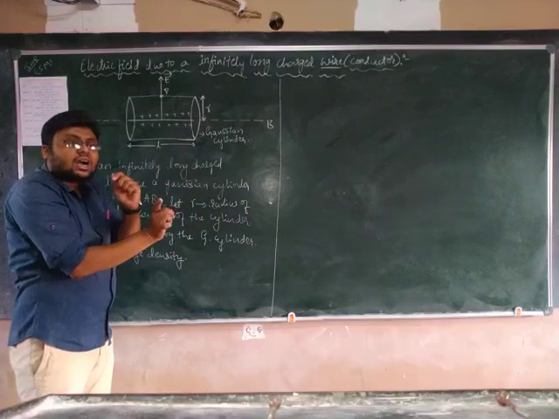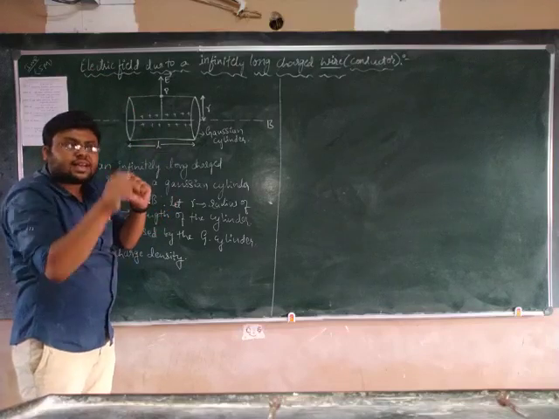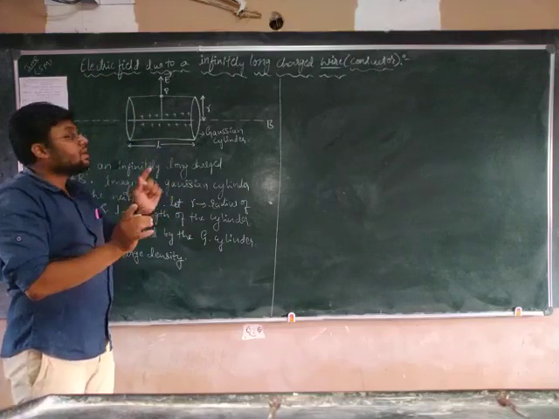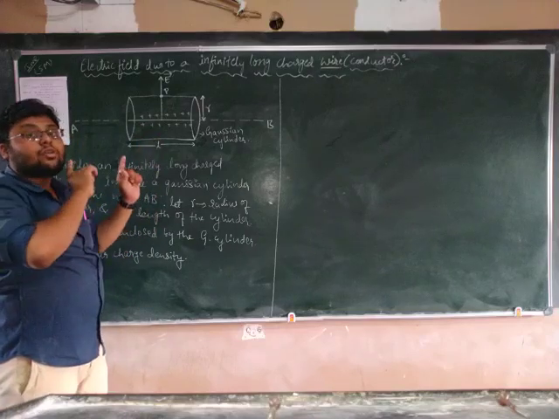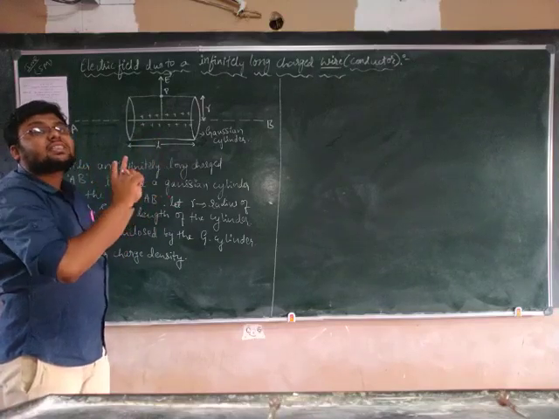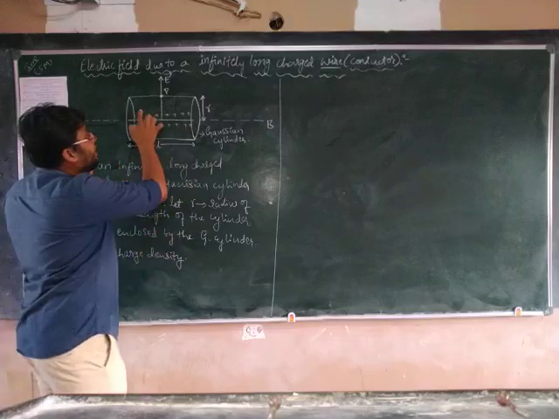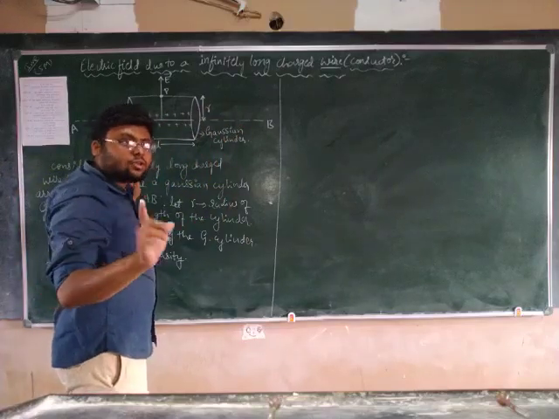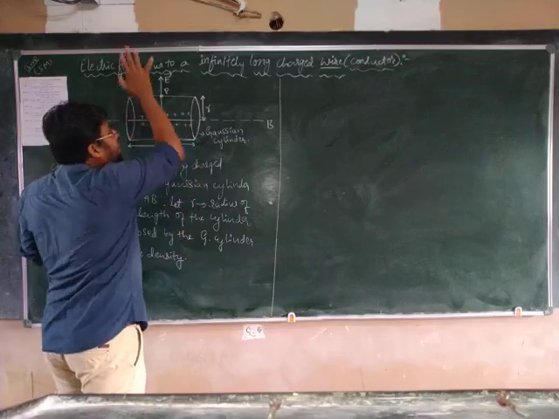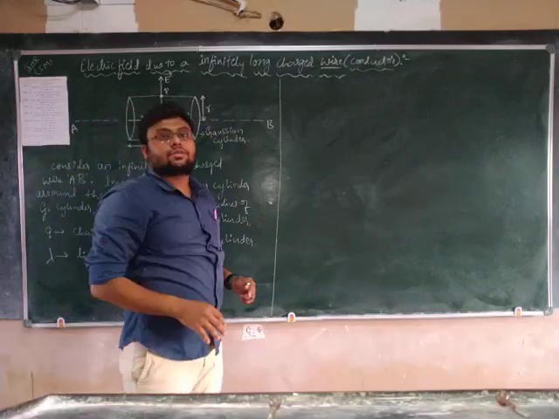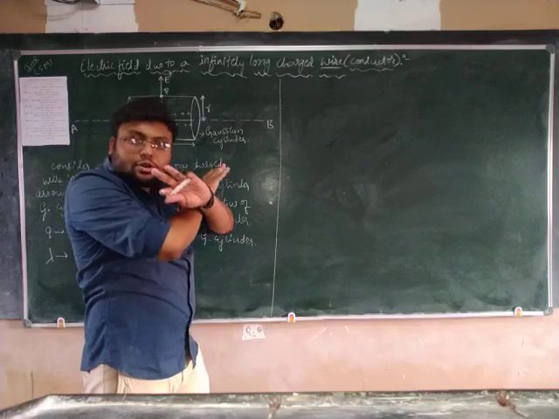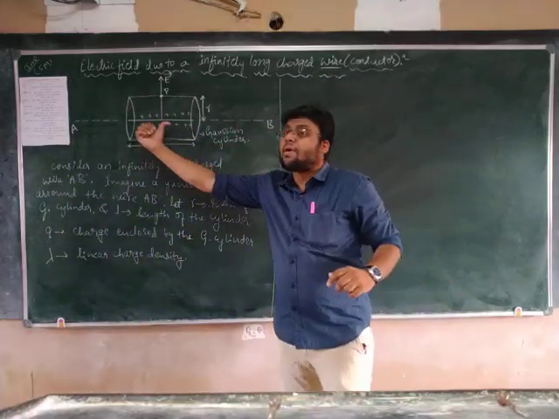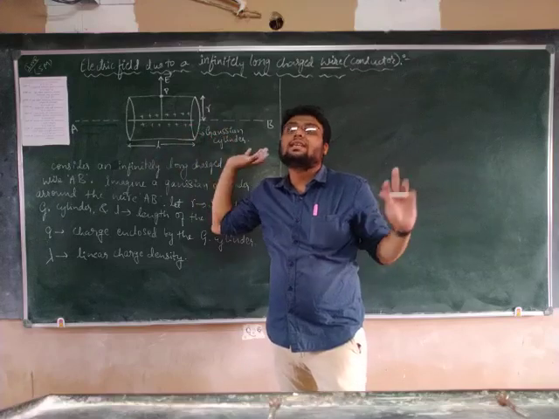So here the electric field lines are perpendicular to the curved surface. Is it clear? But the electric field lines are not parallel to the axis of the cylinder, so there are no field lines in this direction. Only the field lines will be perpendicular to the curved surface. We don't have any field lines passing through the end faces of the cylinder.